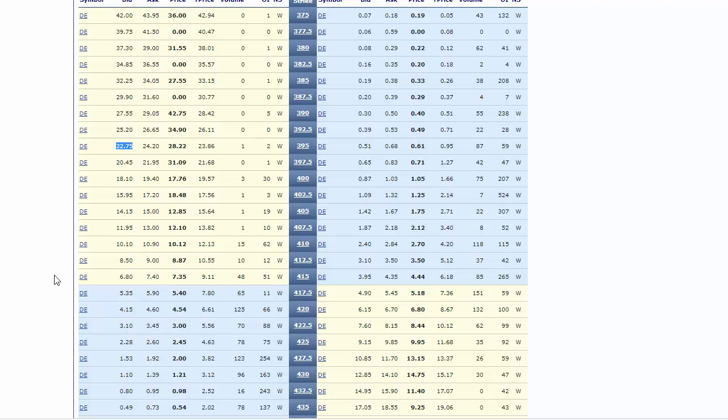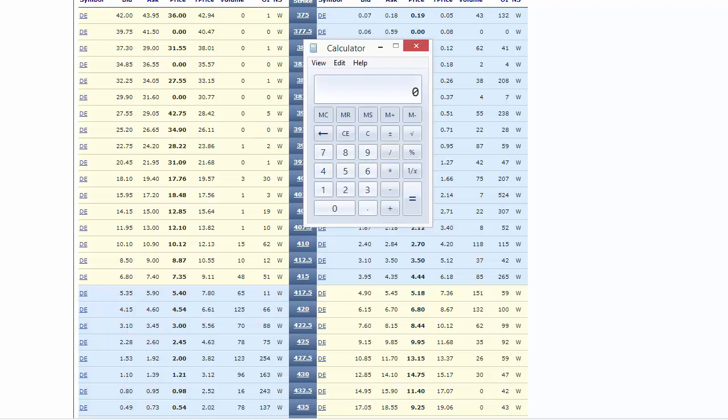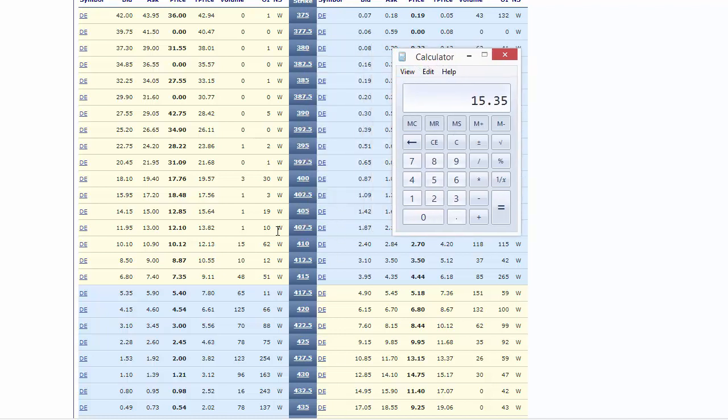So if you have 10 contracts, for example, your advance is roughly 15,000 bucks. Of course, you have to look at any sort of details in terms of premium decay, how many days it takes to get there, and how much premium's left here.